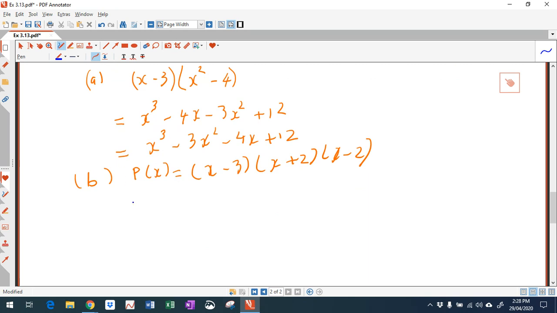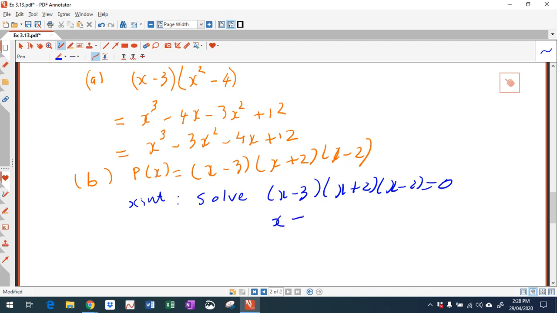So for x-intercepts, you're going to solve the polynomial equal to 0. So you're going to get x equals 3, x equals -2, and x equals 2.